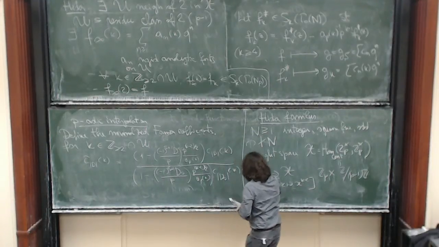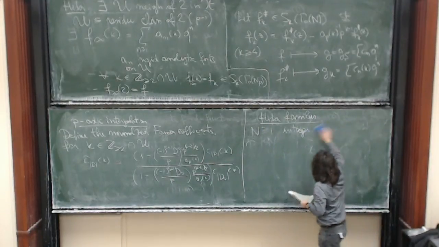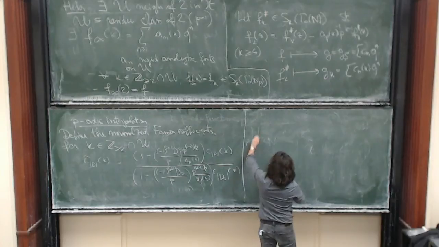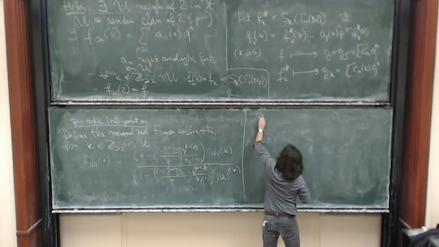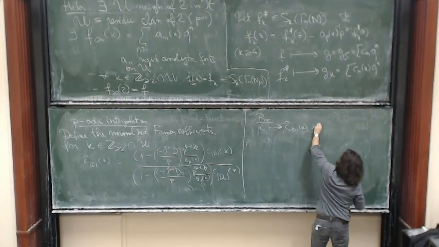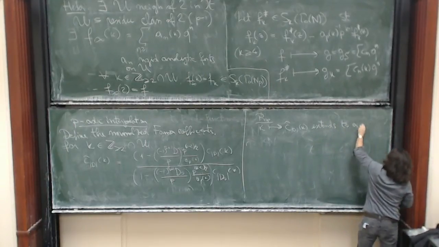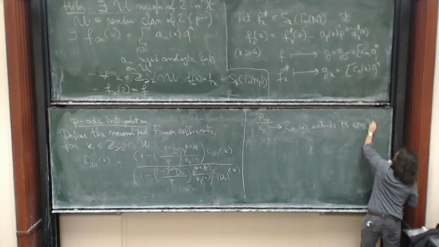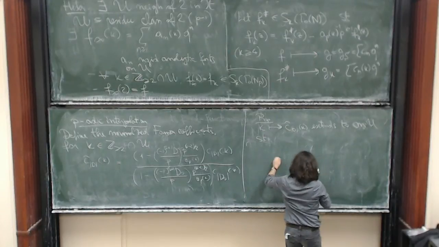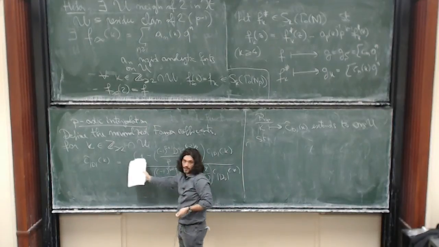So we can define these normalized coefficients, and the proposition is that this coefficient extends to a p-adic family. More precisely, the function k to C tilde d of k extends to a p-adic analytic function on U. This is defined for k greater than 2.